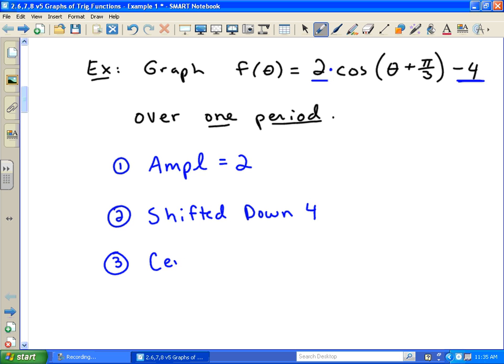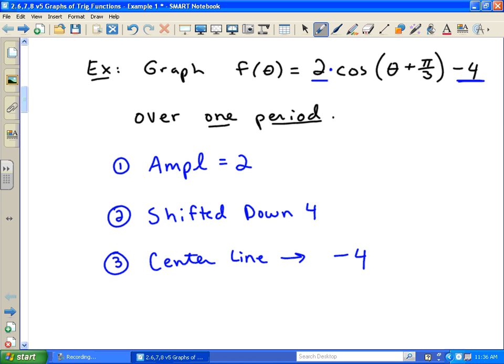The center line is the line above and below which the amplitude is gained. So the center line is going to actually be at -4. And then because the amplitude is 2, we're going to go 2 units above -4, and 2 units below -4.